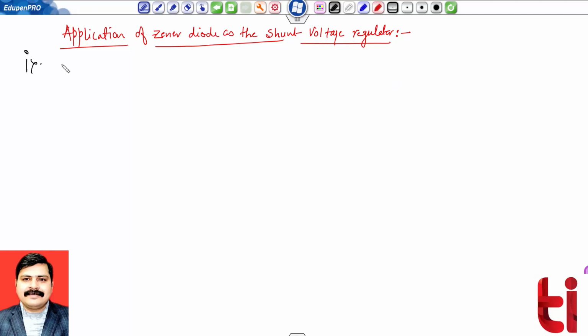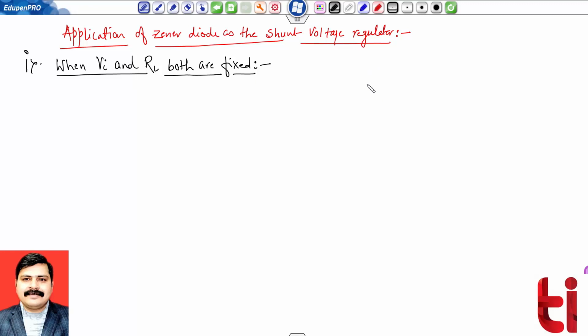So considering the first case, when Vi and RL both are fixed. So these are the two components. RL stands for load resistance over here, and Vi is input voltage when these two are fixed.